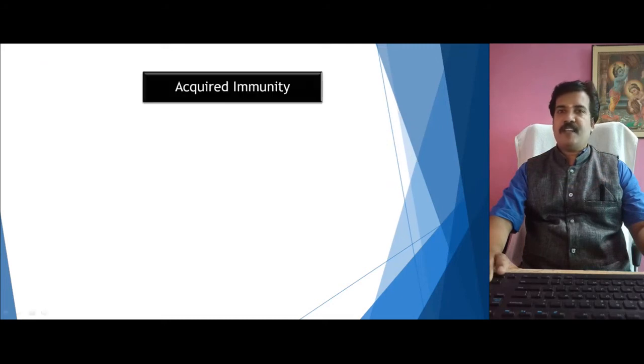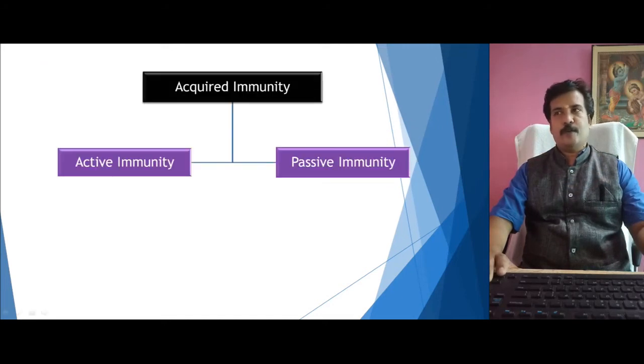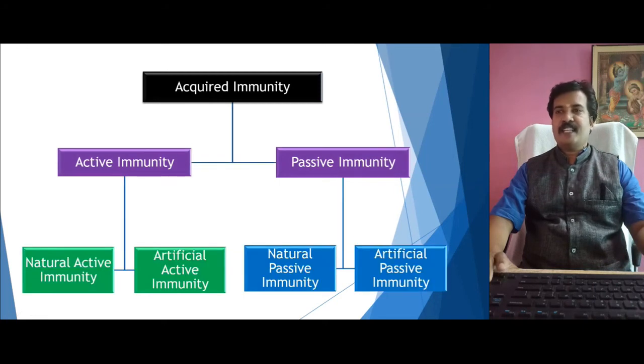If I classify the acquired immunity broadly into two types, that is active immunity and passive immunity, then I can further classify it based on whether it is naturally occurring or artificially produced. So the active immunity can be classified into naturally active immunity and artificially active immunity. Similarly, the passive immunity can be classified into naturally passive immunity and artificial passive immunity.